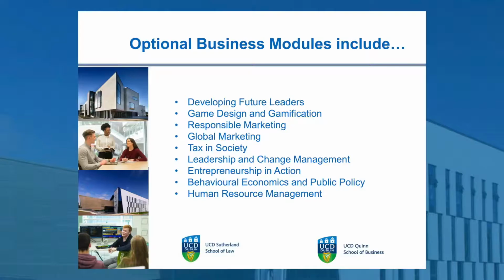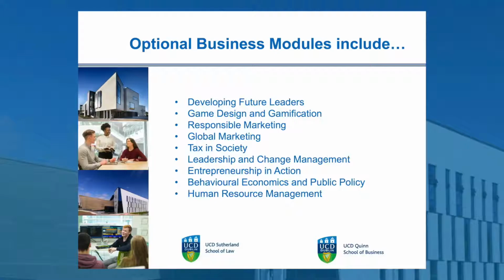So options means that you have a choice in the modules that you choose to study. These are introduced from year 2, so through year 2, year 3 and year 4, you get to choose and enhance the mandatory subjects that you are taking with some recommended modules from across the College of Business.